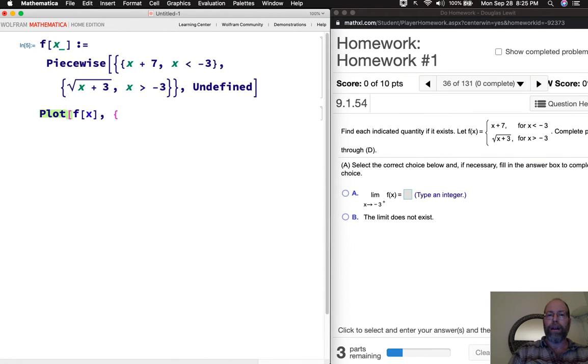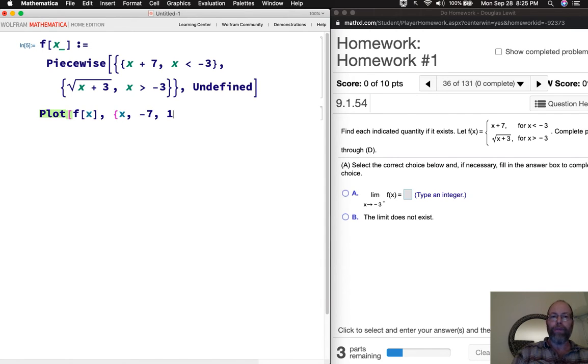So x is my argument, the variable of the function f. I'm going to go, let's see, -3 plus 4 is going to be 1. That'll be my maximum. And then -3 minus 4 is -7.